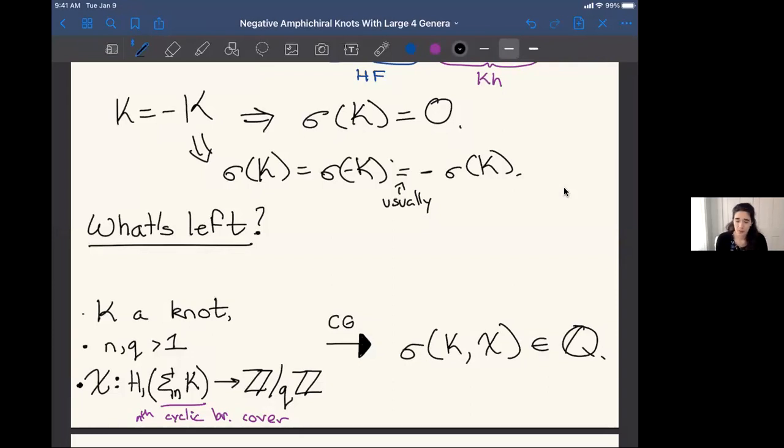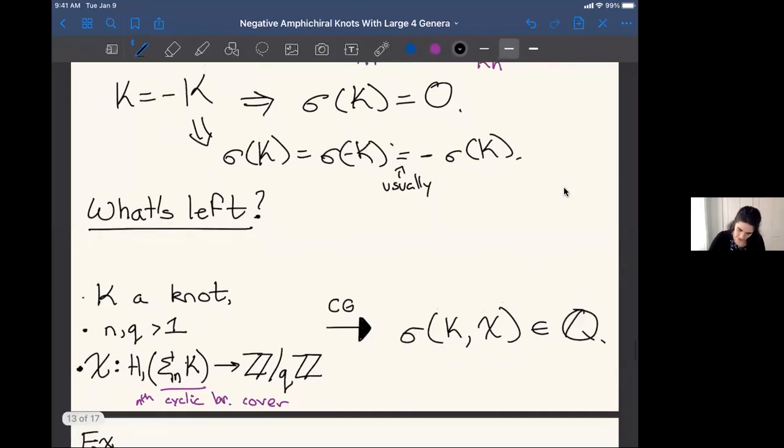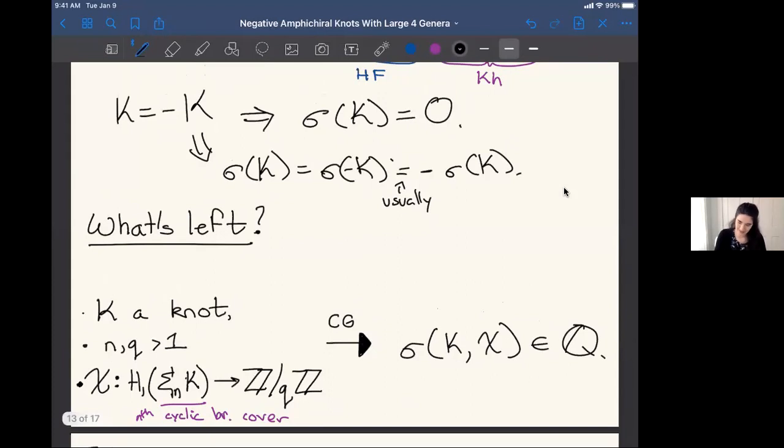So what I want to emphasize here is that Casson-Gordon signatures, as is clear from the definition, don't just depend on the knot K. You have to choose a character. By the way, if you choose the trivial character, you always get 0. So that's not a great choice. And so this makes them somewhat more of a hassle to work with.